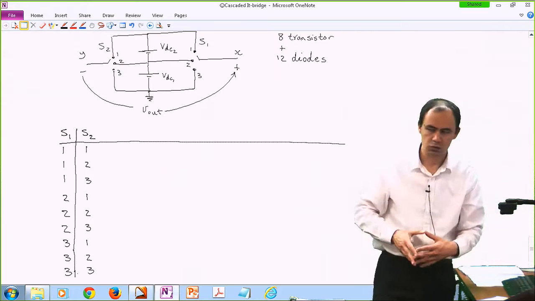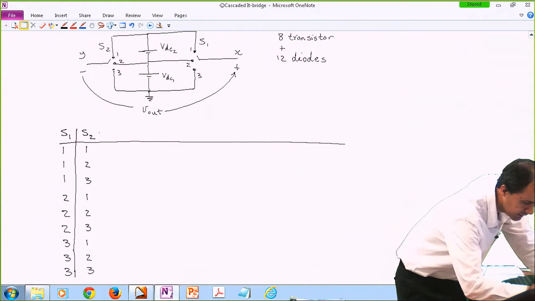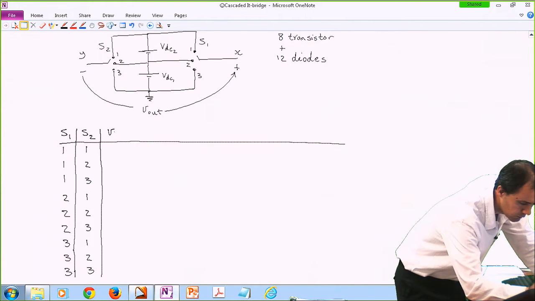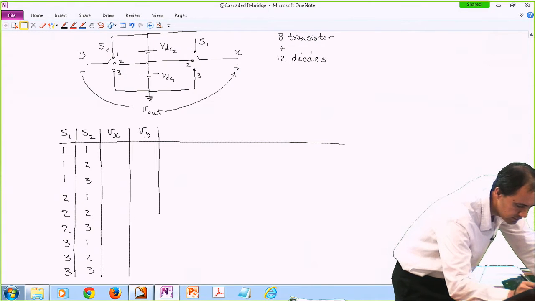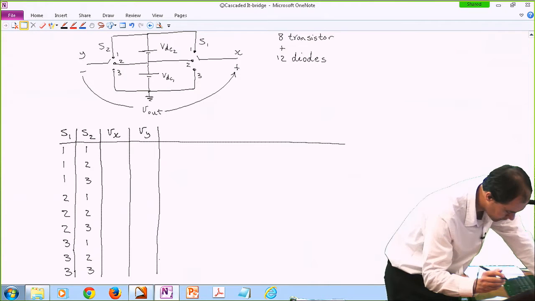Okay, so this is all possible switch selections. Let's look at Vx. So when I say I'm going to look separately at Vx, then Vy, then Vout is Vx minus Vy. And Vx and Vy obviously are with respect to the ground.